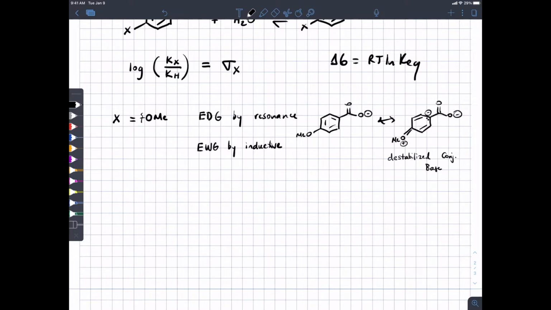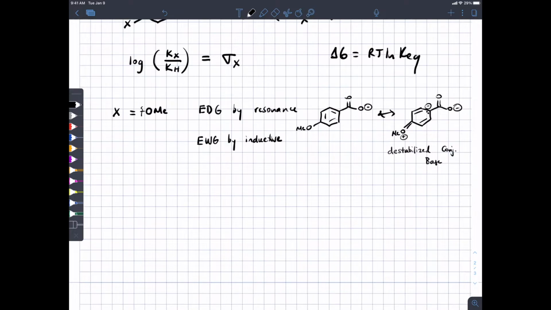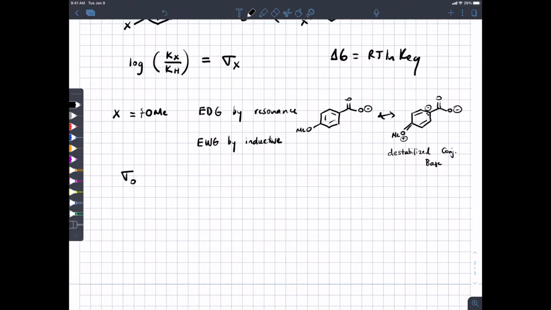But we can look at the numbers. When X equals methoxy, this sigma parameter, which is the logarithm of the equilibrium constant for methoxy at the para position versus hydrogen, actually equals minus 0.27.